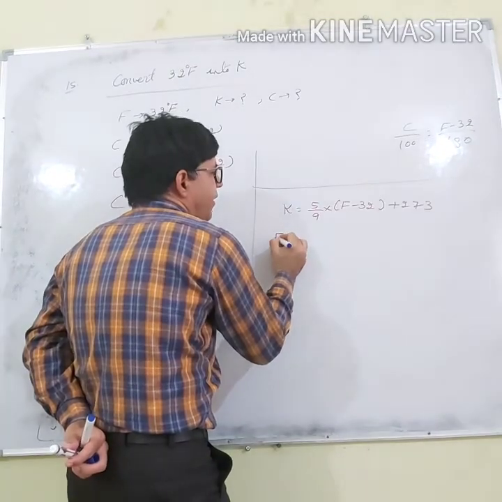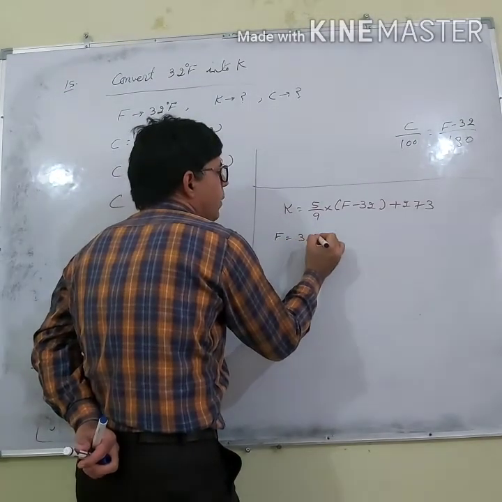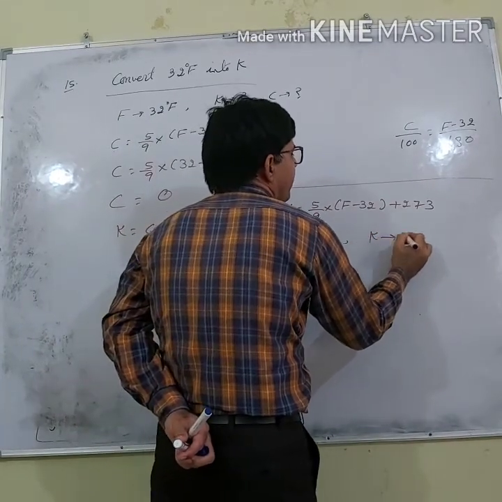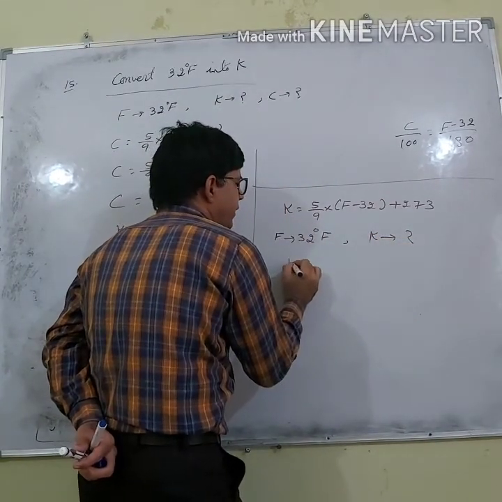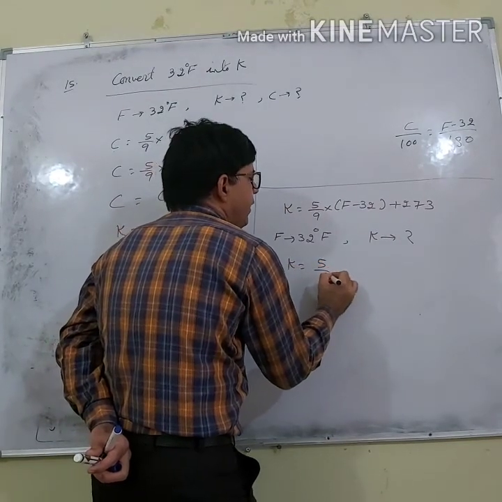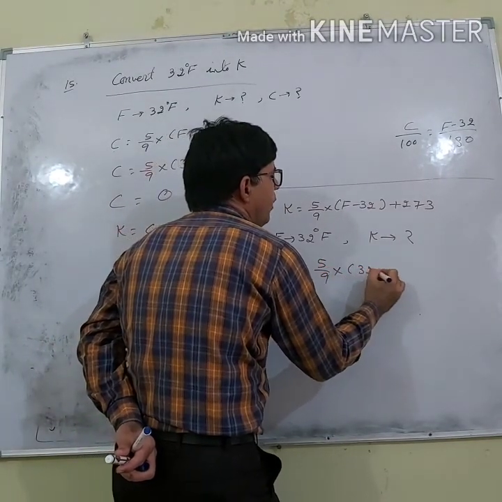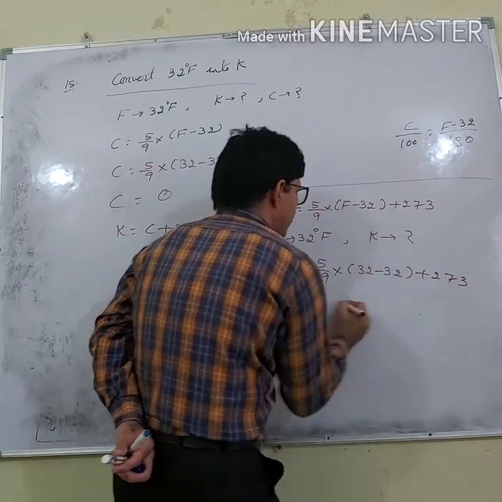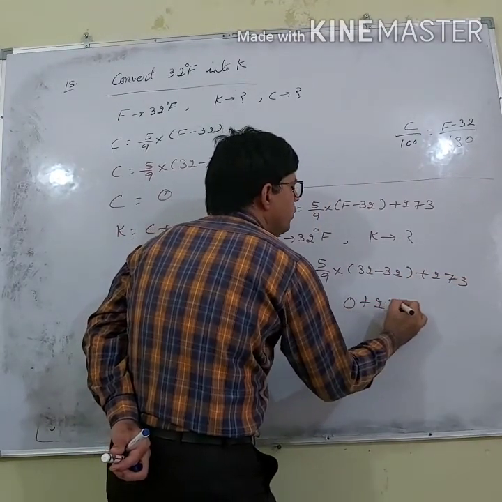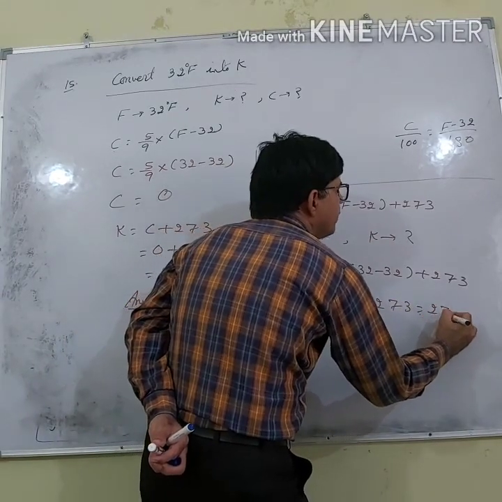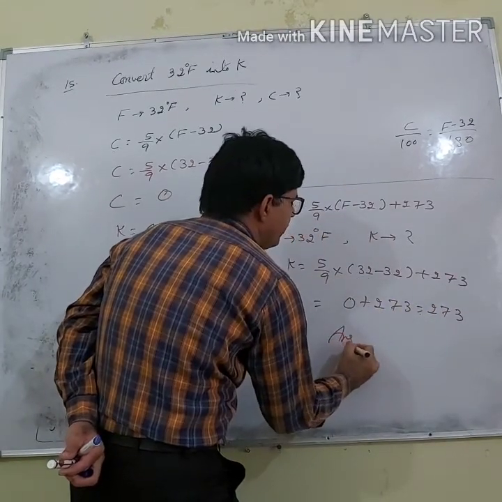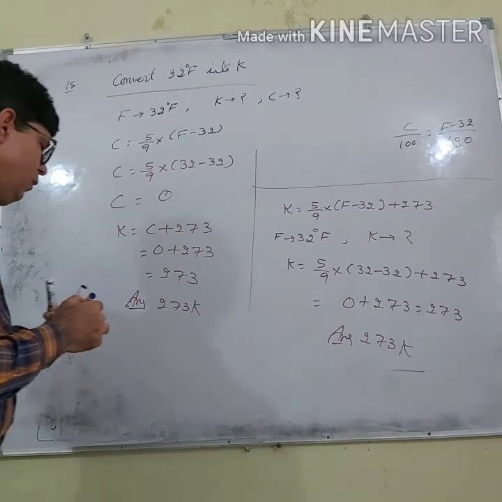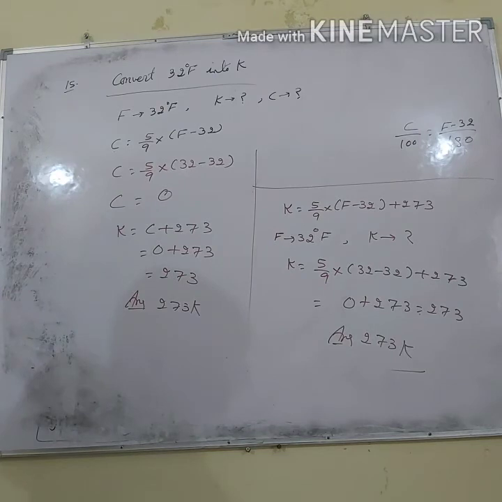So let's take F as 32 degrees Fahrenheit. Kelvin I have to calculate. So K is 5 by 9 multiplied by 32 minus 32, plus 273. So this is 0 plus 273. So the answer is 273 Kelvin.